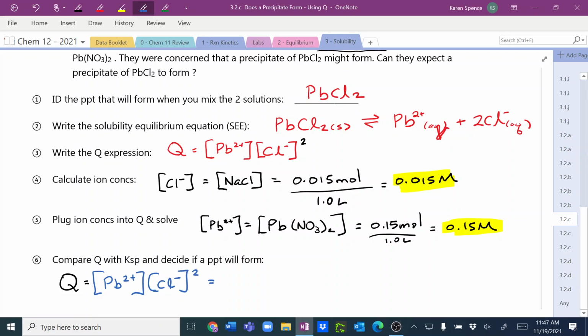Okay. This is what I really want. This is why I really wanted to cover this today. It's a 2-to-1 ratio when I take lead chloride.